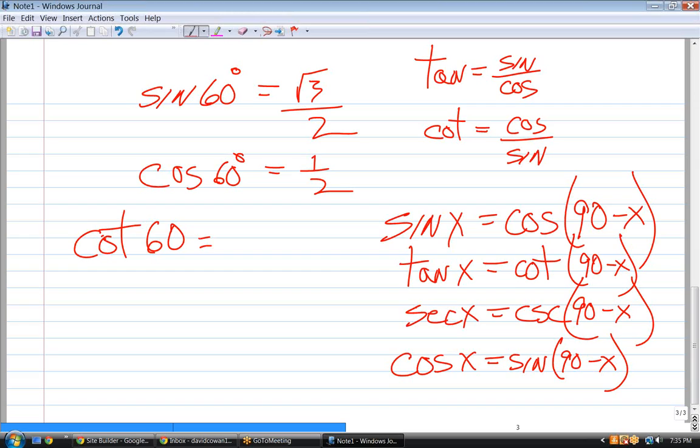There's one formula on this page that'll do it. Oh, tangent equals sine over cosine, or cotangent equals cosine over sine. So this is 1/2 divided by root 3 over 2. Flip it, multiply, you get 1 over root 3, which rationalizes to root 3 over 3. Okay.